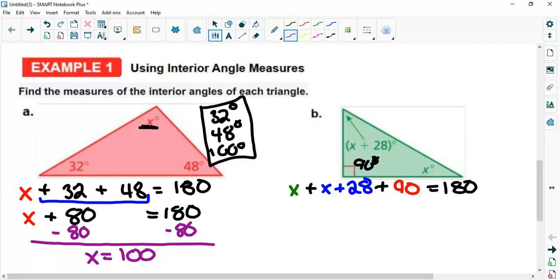To start, I have x plus x. I can go ahead and combine like terms, and I get 2x. And then I can combine the 28 plus the 90 and get plus 118.